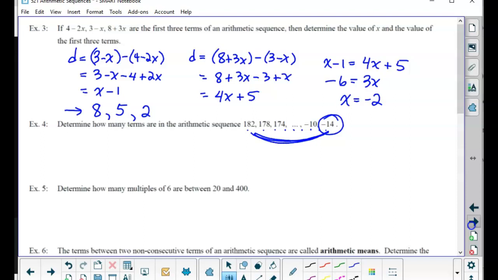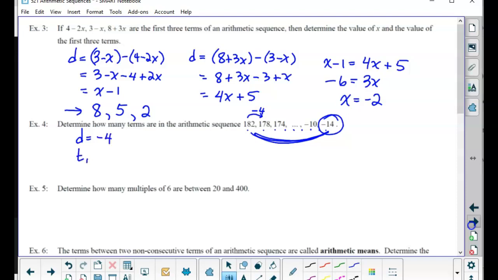So what's happening each time? So our common difference here is negative 4, right? 178 minus 182 means we're subtracting 4, so that's negative 4.